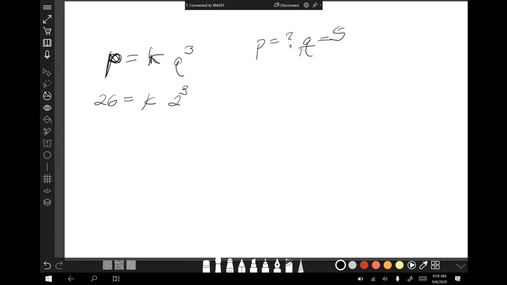Okay. So I've got my equation. 2 times 2 times 2. What is that? Up there, right? 8, yeah. And I'm dividing by what this time?